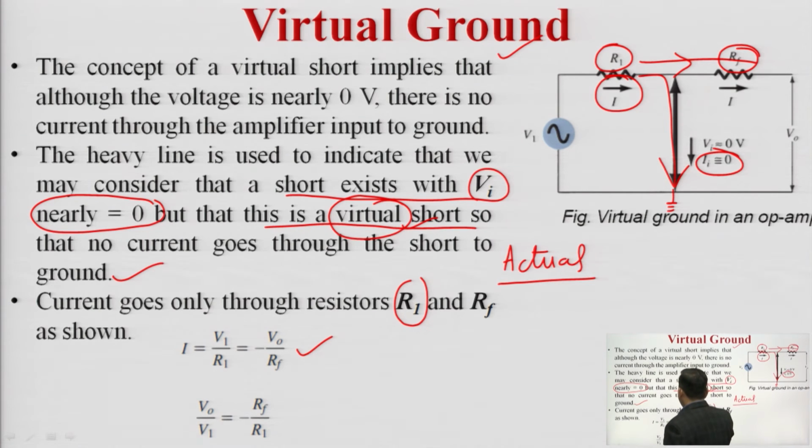So if we utilize this, V0 by V1 equals minus Rf by R1. So the same result we have obtained using the condition of virtual ground. Previously we have seen the equivalent circuit, and after that we have utilized the virtual ground concept.